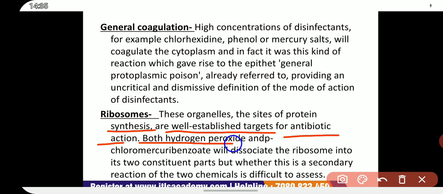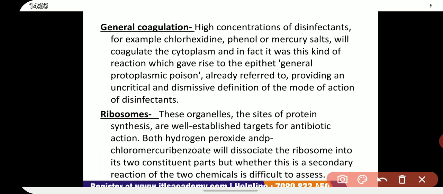Both hydrogen peroxide and chloromercuribenzoate will dissociate the ribosome into its two constituents, but whether this is a secondary reaction of the two chemicals is difficult to assess.